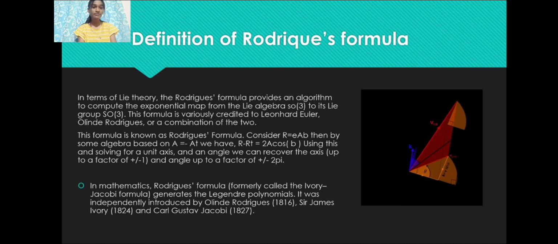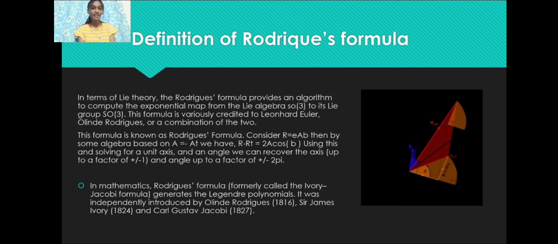Consider R equals e^(AB), then we have the Lie algebra, and R minus R transpose equals 2A sin B. Using this formula for solving the unit axis and an angle, we can recover the axis up to a factor of plus or minus 1 and the angle up to a factor of plus or minus 2 pi.